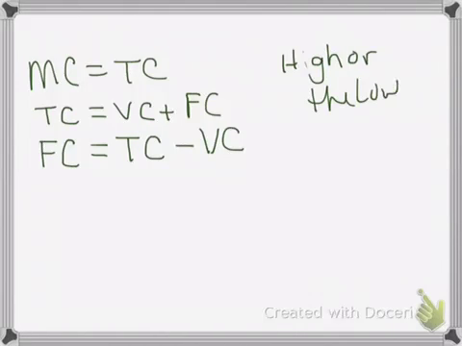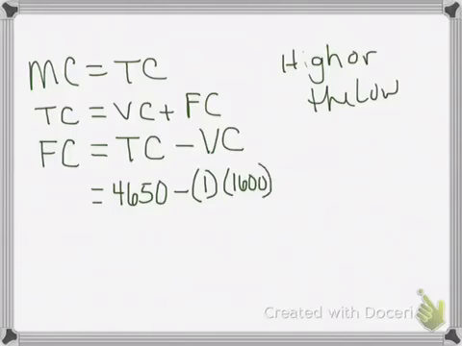So if I choose to take the high, the total cost for that high was at 4,650. We have a variable cost that is at $1 per unit, and high produced 1,600 units. So what I would take is the 4,650 minus 1,600, and this is going to give me a fixed cost of $3,050.